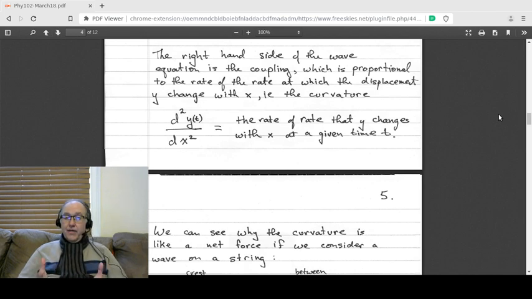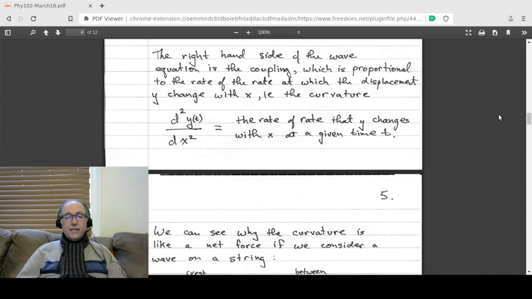The right-hand side of the simple harmonic oscillator was just x, so there wasn't anything very interesting. But the right-hand side of the wave equation is also a second-order differential, but with respect to x, not with respect to time. What does that mean? That's the coupling.